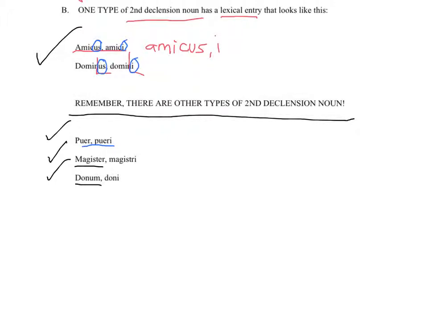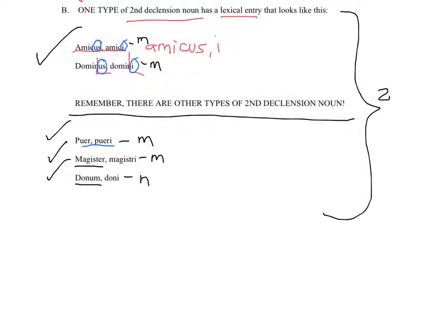These first examples are all masculine, with donum and all the nouns that look like donum in the dictionary being a second category of neuters, all of which fall into the second declension category. So these are all subcategories of the second declension.